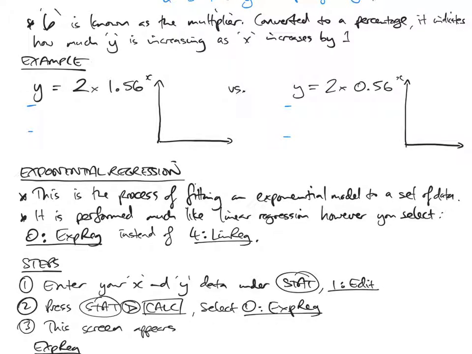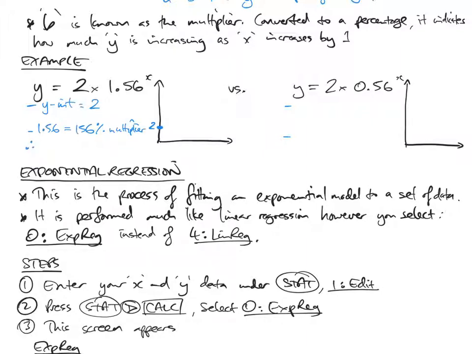If you were to see this exponential relationship, what is that telling you? Well, the graph is going to have a crossing at 2 on the y-axis. Y int equals positive 2. So we know it would cross the y-axis here. And 1.56 equals 156% multiplier. That's what B is.